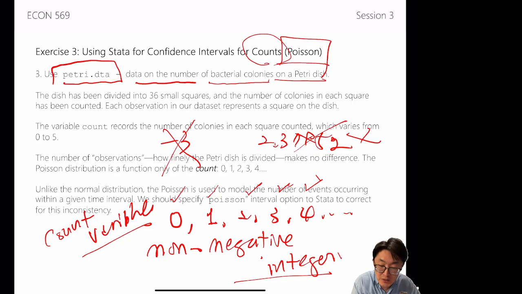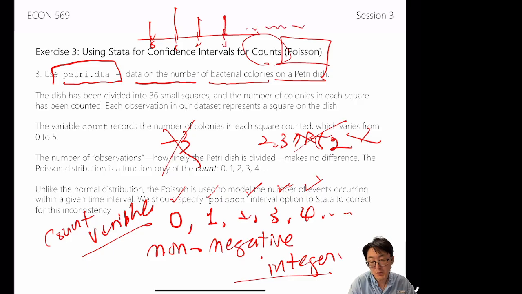So Poisson distribution looks like 0, 1, 2, 3. Poisson distribution should be used only for a count variable. Then we should specify the Poisson interval option to Stata.